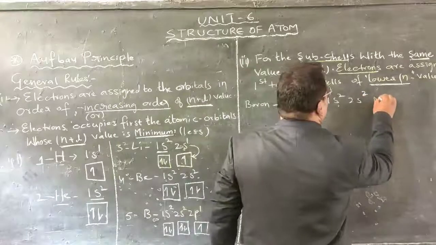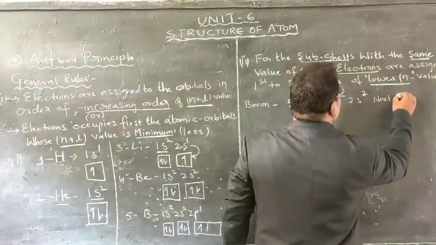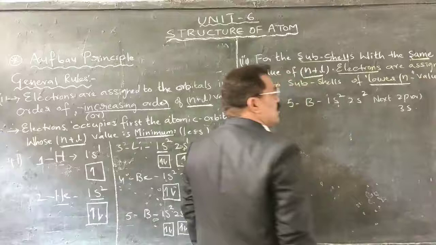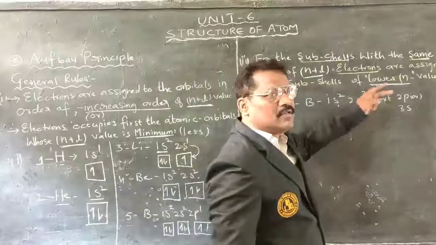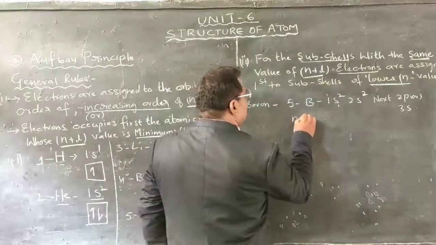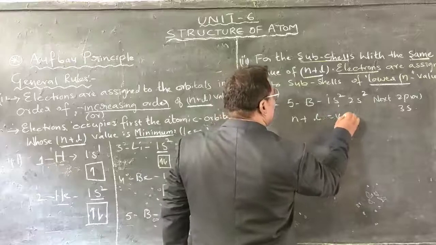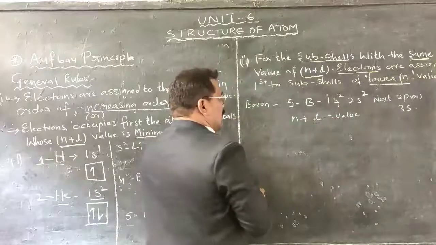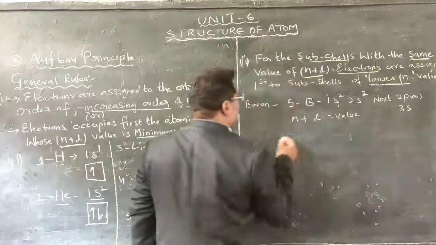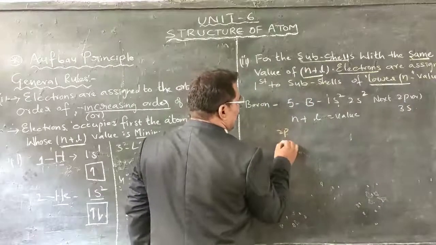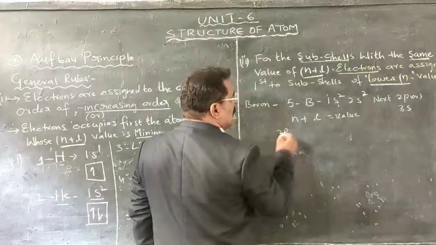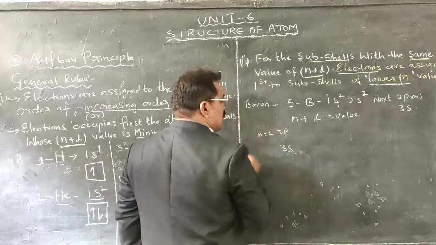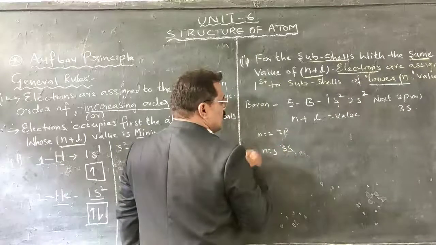The next electron has to enter which orbital? Either 2p orbital or 3s orbital. We'll check for these two orbitals now, the n value and n plus l value. First, 2p orbital and 3s orbital. 2p means it is the n is equal to 2 shell, and 3s is the n is equal to 3 shell.